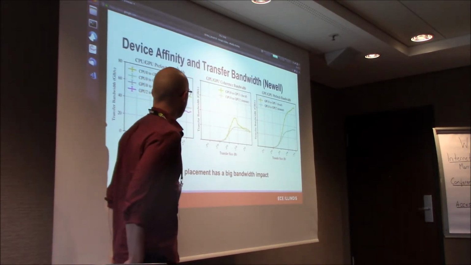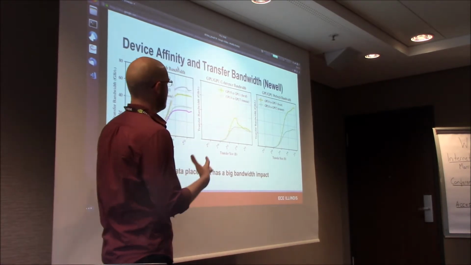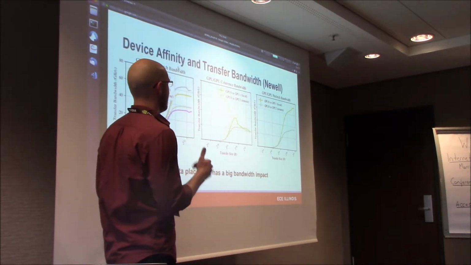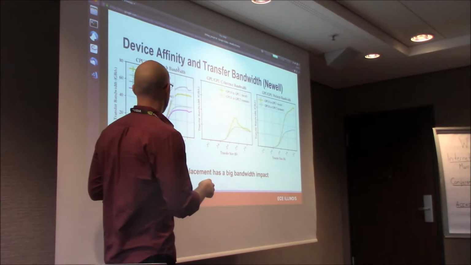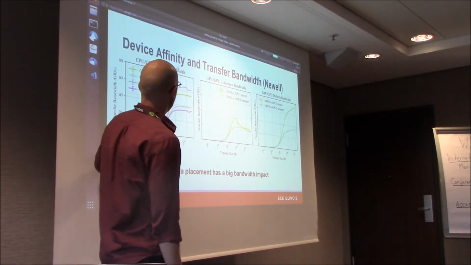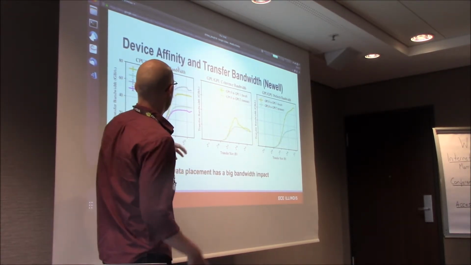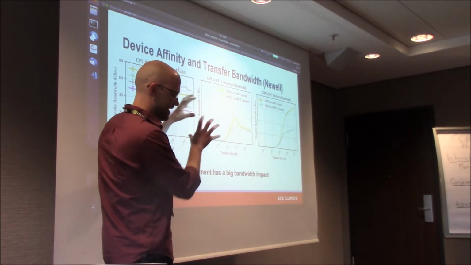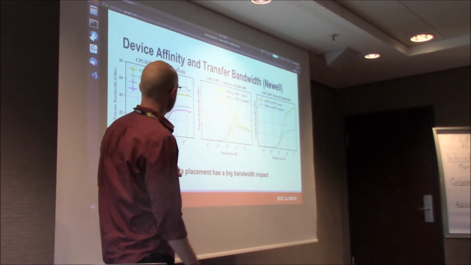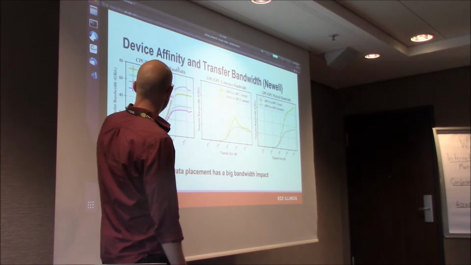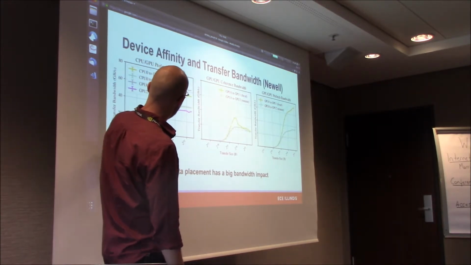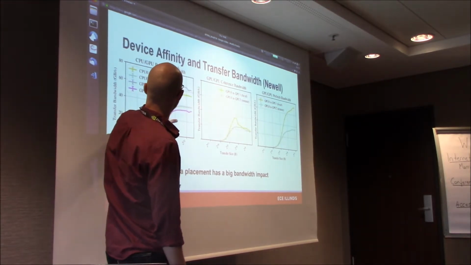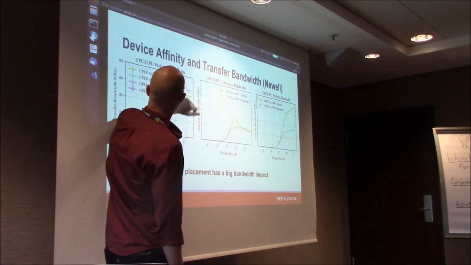And so one other thing we observe is that the affinity between the CPU and the GPU does affect the transfer bandwidth, and this is exactly what Enrico was talking about. So when I'm talking about local and remote, I'm saying whether the CPU and the GPU are directly attached or whether they're across the X bus. And so you can see that these two lines here, this gray and yellow, are CPU to GPU.